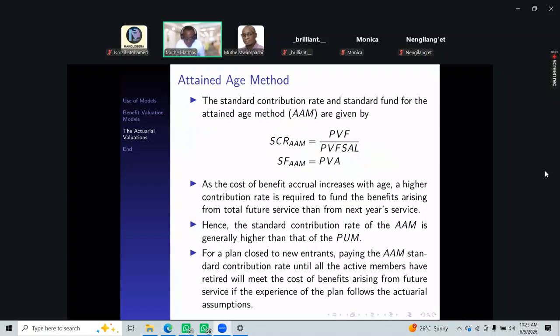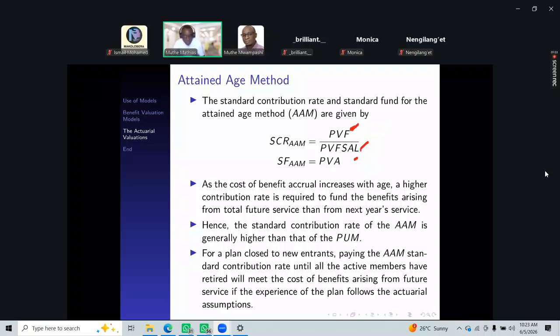So the other method is called the attained age method. I hope this, again, is straightforward, like the name suggests. In this case, of course, you have the standard contribution. This is making reference to all future years. So you can see here we are taking the present value of all benefits from the future years of service, and of course we are dividing this by the present value of the pensionable salary from all future years of service.